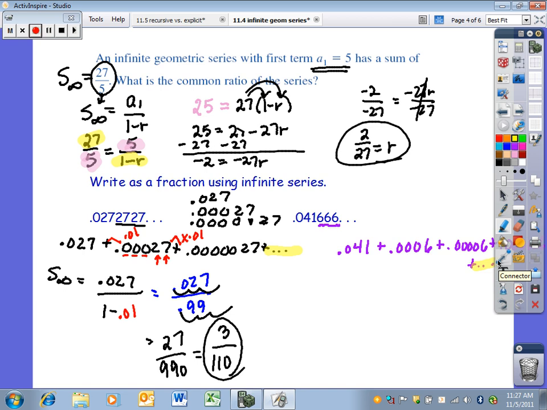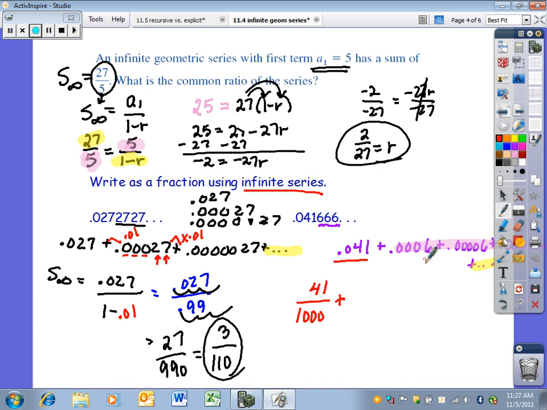Yes, but the repeating pattern does not occur until this point. So we're just going to rewrite this part as a fraction, 41 over 1,000, plus this is where the repeating starts. So where the repeating starts is where I have an infinite series.